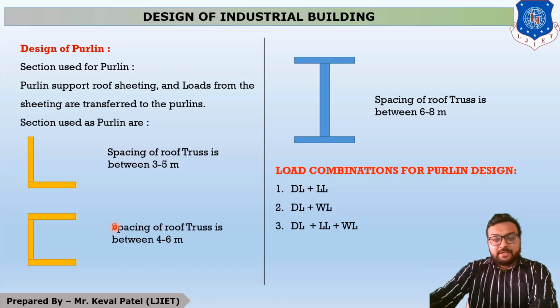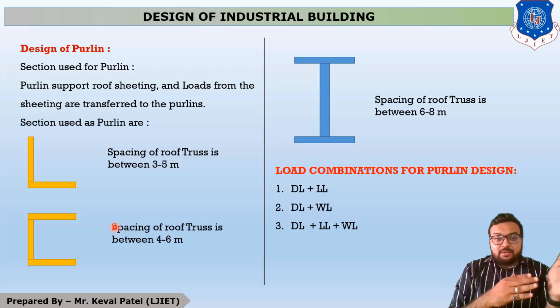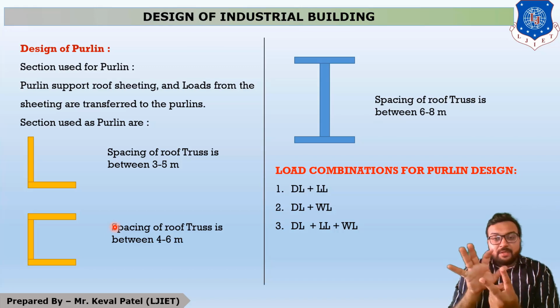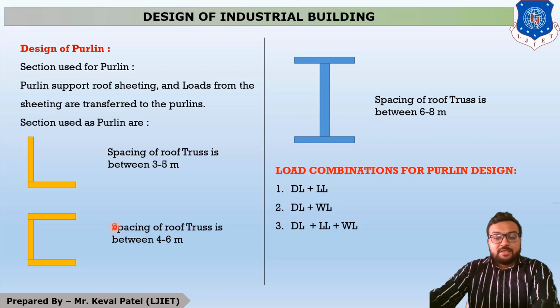Now it was discussed in the last slide that whenever we have to design a purlin, there are two types of examples. In the first type of example, the load is directly given, and in the second type of example, first of all we have to find the dead load, live load and wind load, and after that we have to design the purlin. So which load combinations are useful while designing a purlin?